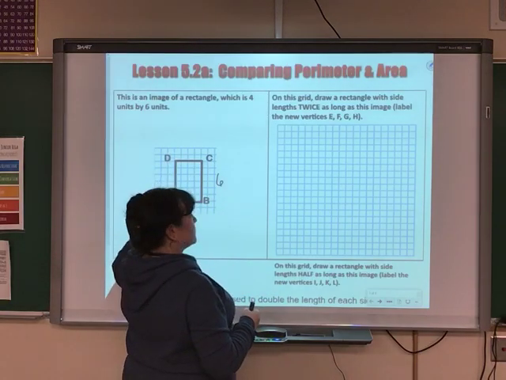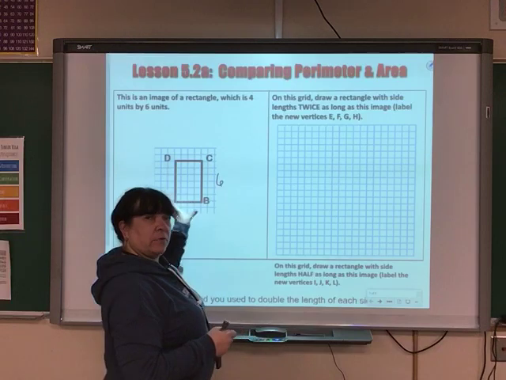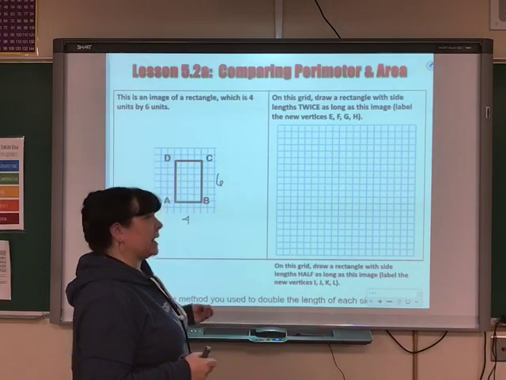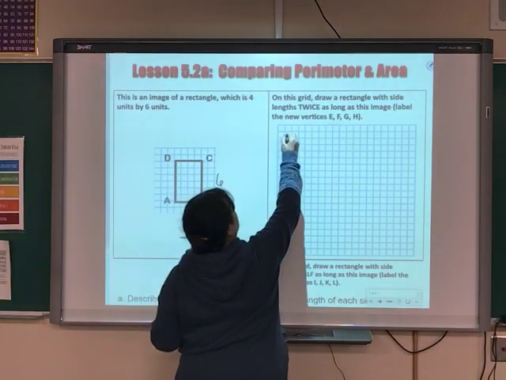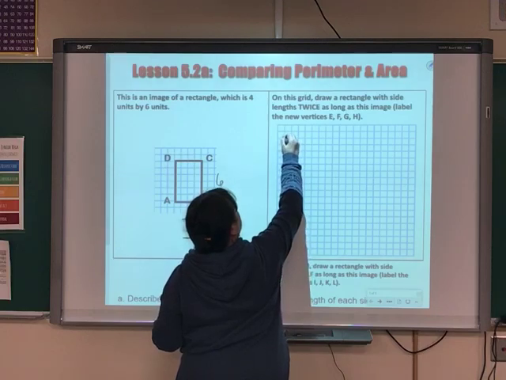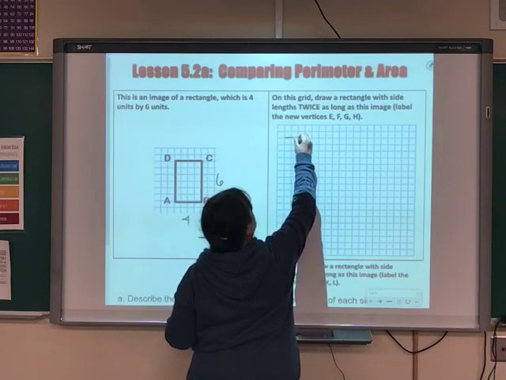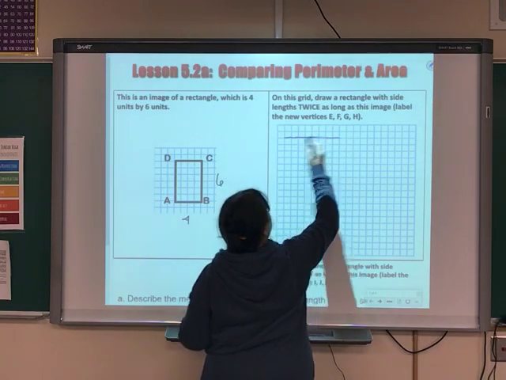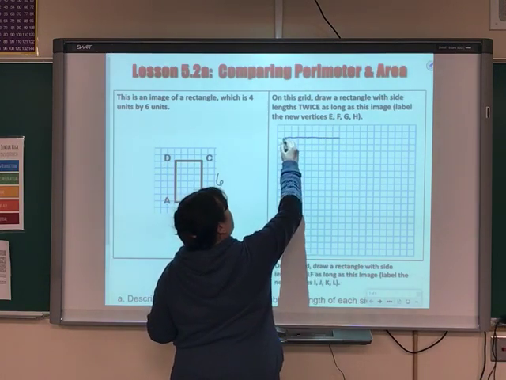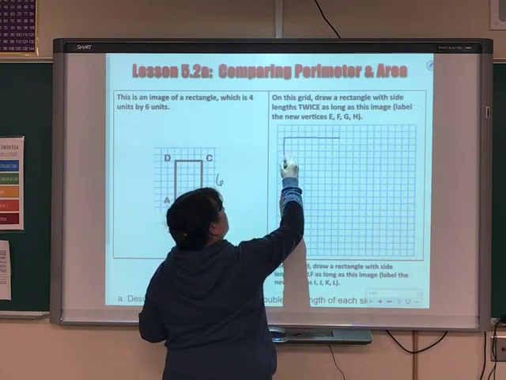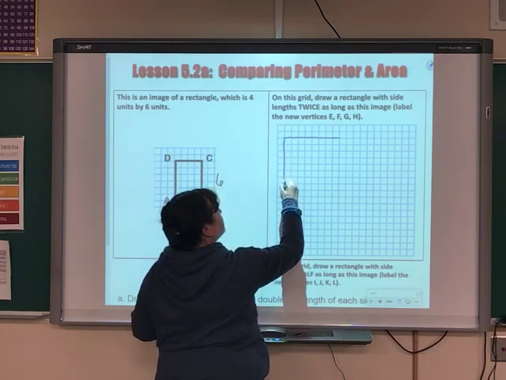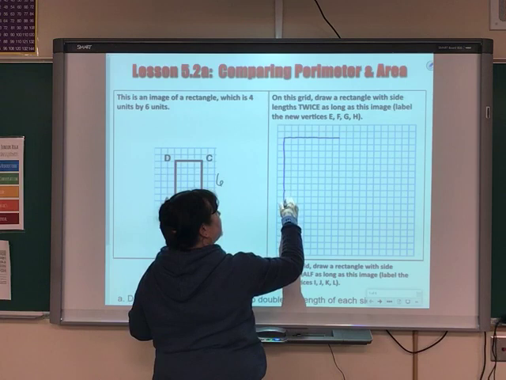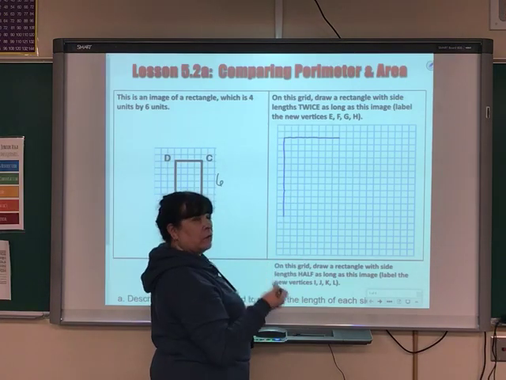So this would be times 2, which would be 12. This would be times 2, which is 8. So I'm just going to start up here with a rectangle that is going to be 1, 2, 3, 4, 5, 6, 7, 8 wide, and 1, 2, 3, 4, 5, 6, 7, 8, 9, 10, 11, 12 long.